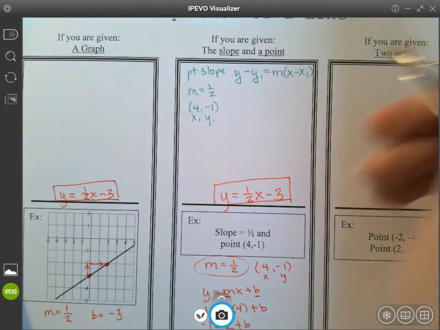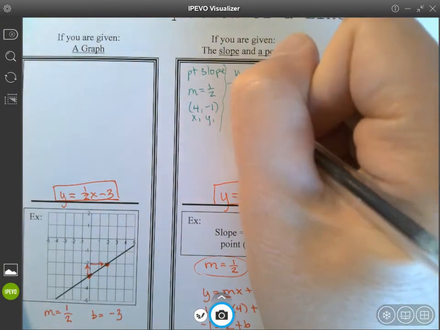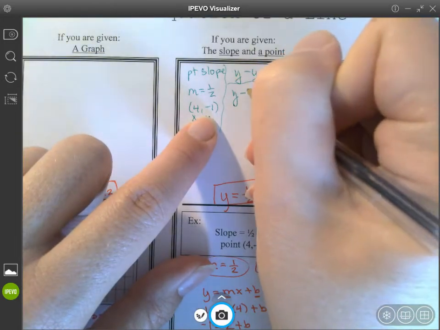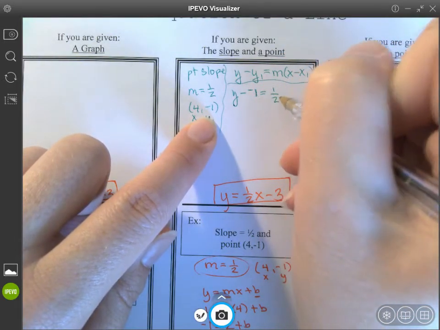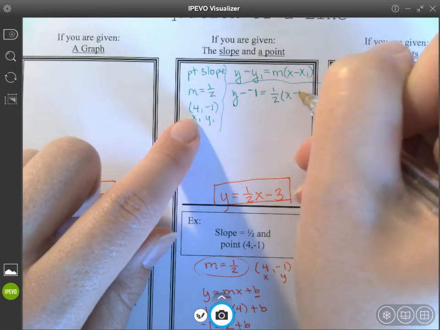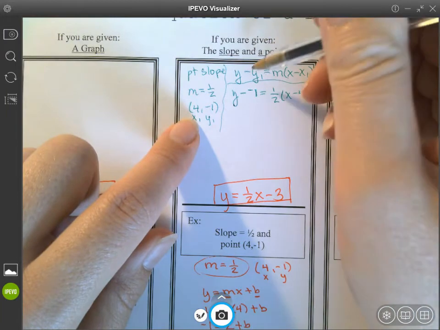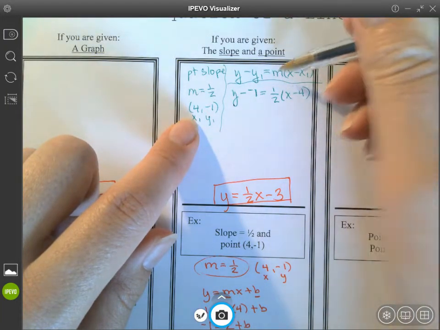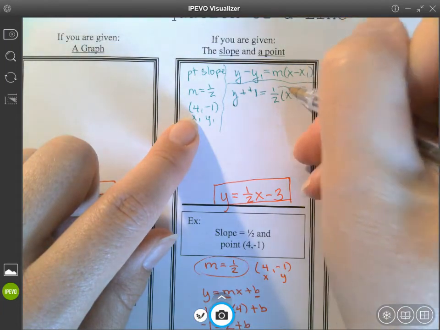So if I'm doing it in point slope, I'm going to plug in y minus a -1 equals m of 1/2 times x minus 4. Okay, so all I did was I plugged in the y1, x1, and the m. Negatives are going to cancel out there. I'm going to distribute.